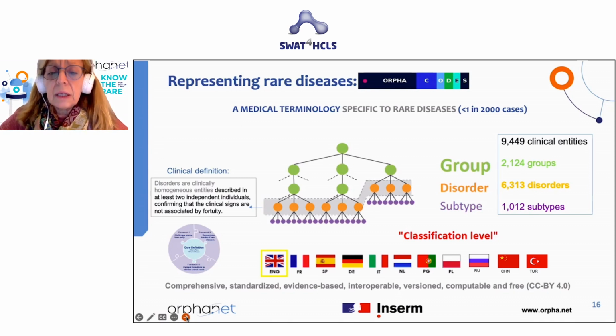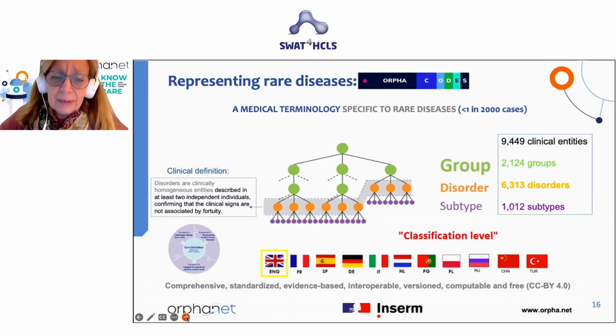But they are organized in a graph as a classification and as an ontology, in different formats, in which the disorders can be subdivided into subtypes if needed for clinical purposes, and of course grouped into rare disease relevant groupings up to the system anomaly.